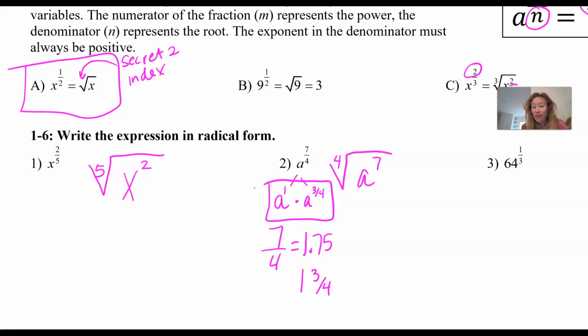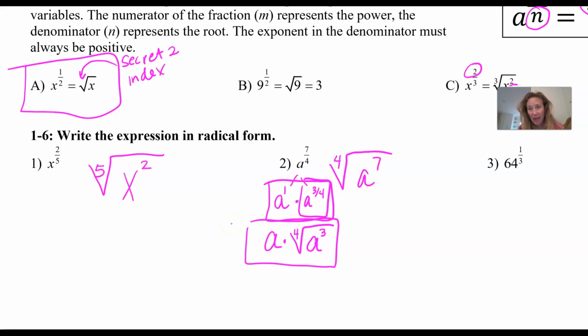So if I erase this, that means that I could write it as a to the first power, which is just a, times, and then only this part would go in the radical. So then I would draw the radical. The 4 is in the denominator. A is the base, and then the numerator is 3.